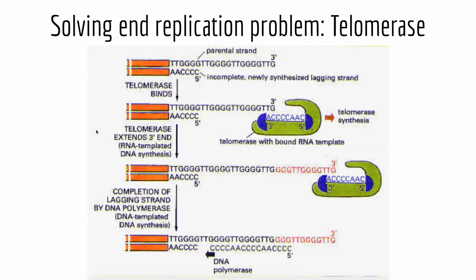It's going to do RNA templated DNA synthesis, and add on these random repeated nucleotides onto the 3' end of the lagging strand, parental strand.